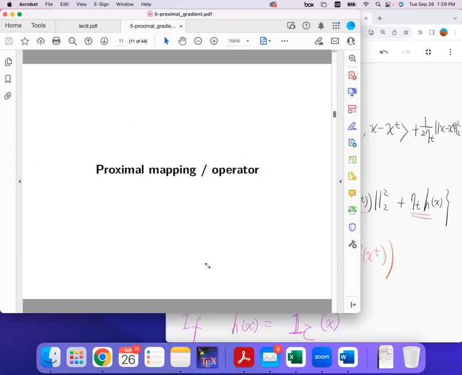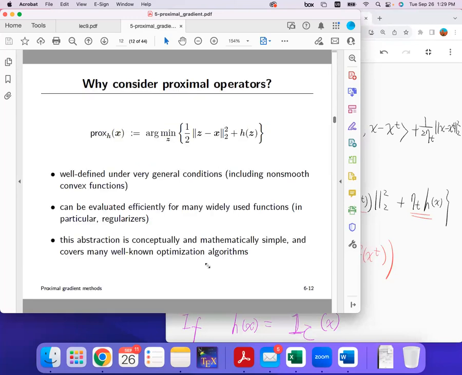We will focus on the proximal operator and see how to analytically compute it for some important examples of H. It turns out, as we will see very soon, this operator can be efficiently evaluated for many widely used functions, in particular regularization functions.